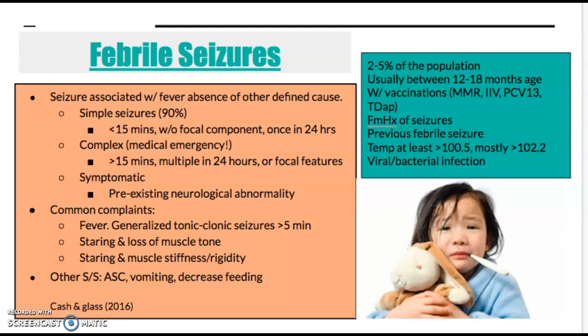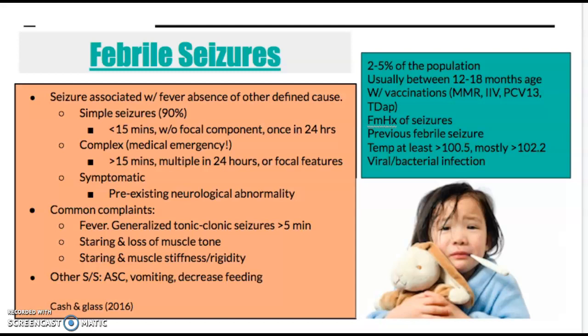So a febrile seizure is a seizure associated with fever, absence of other defined causes. There are 3 types of seizures that are febrile. These include simple seizures, which are 90% of the seizures that happen in kids. It's less than 15 minutes long, it doesn't have any focal components, and it only occurs once in 24 hours.